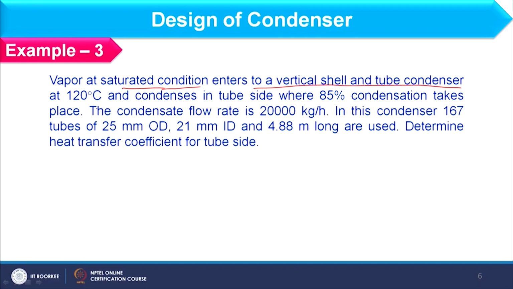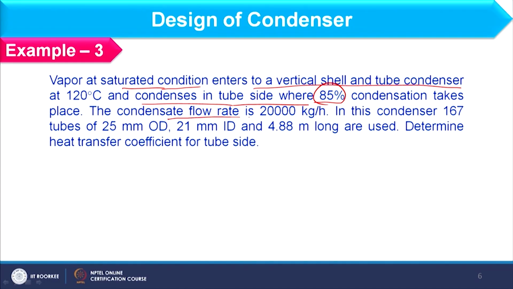So, orientation is given to you, that is vertical shell and tube condenser, and in this case condensation is occurring in tube side where 85% condensation takes place. So, vapor is entering at saturation condition, X value should be 1 and 85% condensation is occurring. So, at the exit point X value should be 0.15, right.